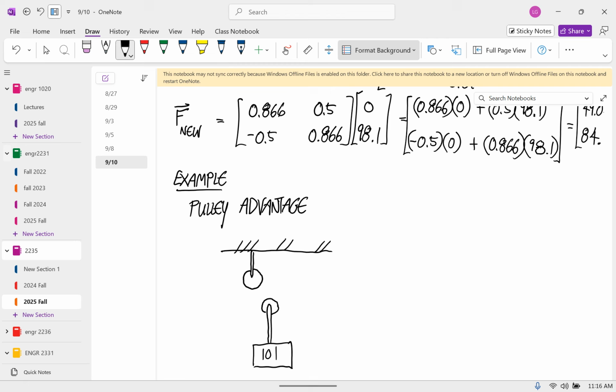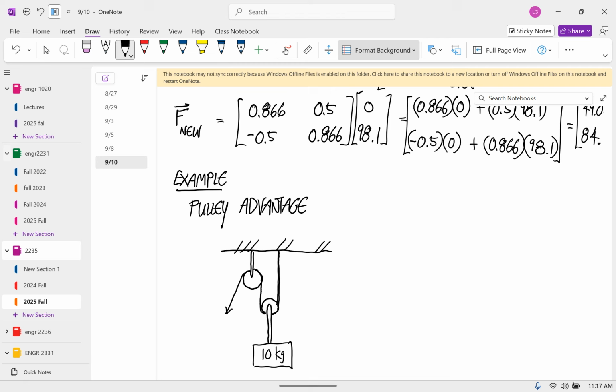So this has a mass of 10 kilograms, and a cable goes over the one attached to the ceiling, under the hanging one, and then connects to the ceiling.